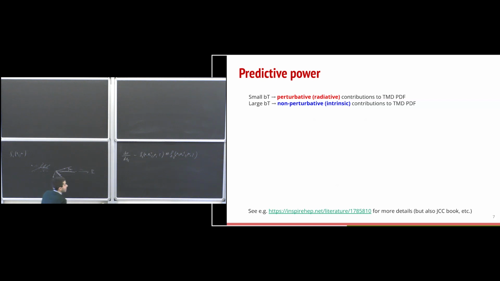The answer is kind of simple, because if this is my distribution as a function of x and bT, if I calculate a TMD distribution, normally I get something like this, okay?